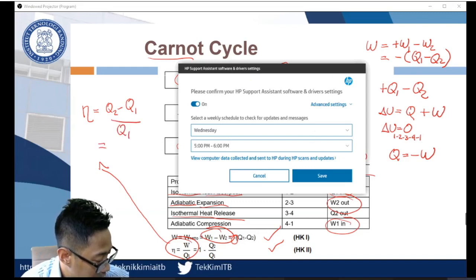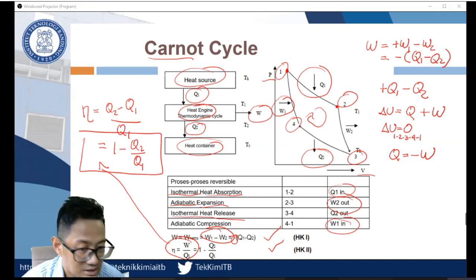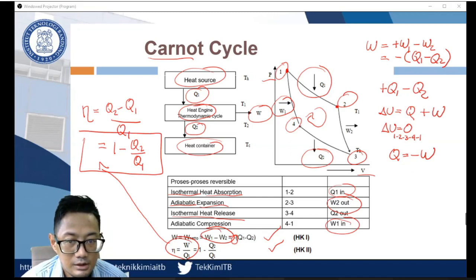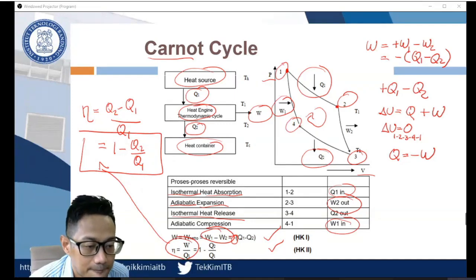So this one is equal to 1 minus Q2 over Q1. So it's the same. Okay, any question regarding the Carnot cycle? Remember, this one is ideal case. Okay.